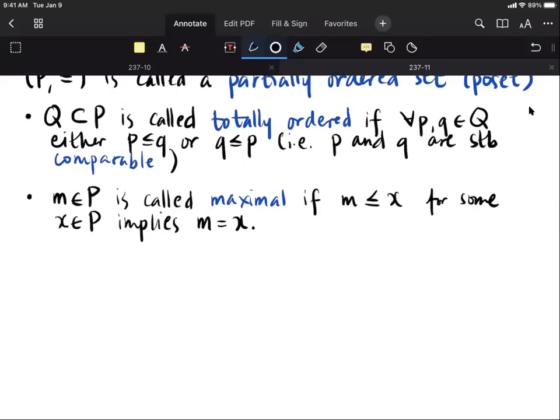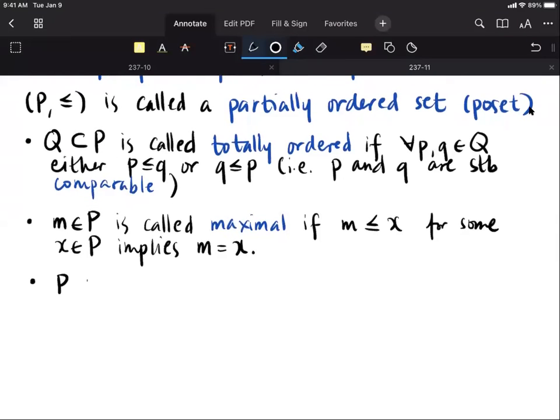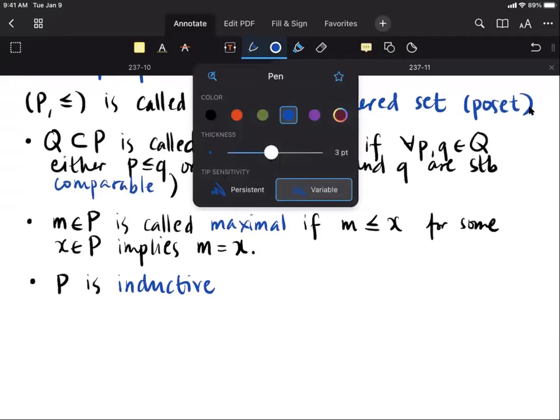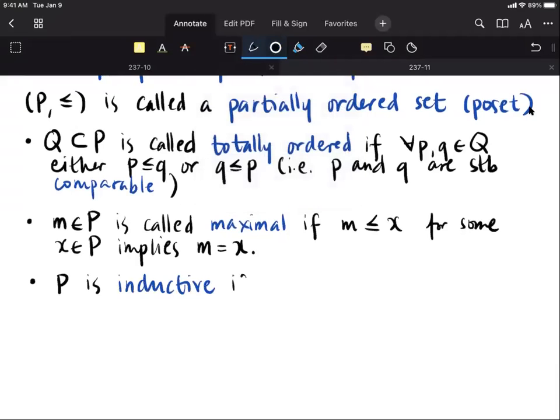Finally, we say that P, or more precisely the partially ordered set, is inductive if every totally ordered subset, let's say Q, in P, has an upper bound.